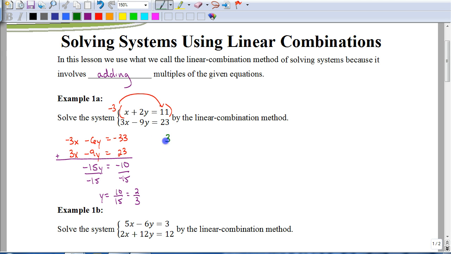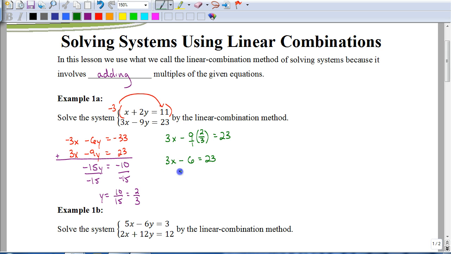So it's going to be 3x minus 9 times the 2/3 equals 23. To multiply these together, 9 times 2 is 18. You just multiply the 9 and the 2 together, because 9 is the same as 9 divided by 1. So 9 times 2 is 18, divided by 3 gives me 6. Now I don't have to worry about using fractions until maybe my answer.